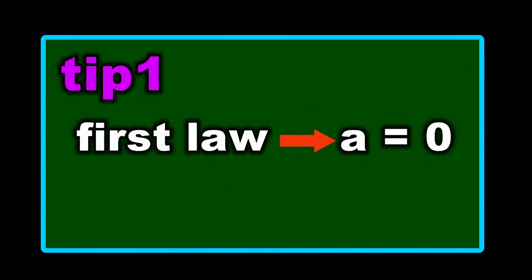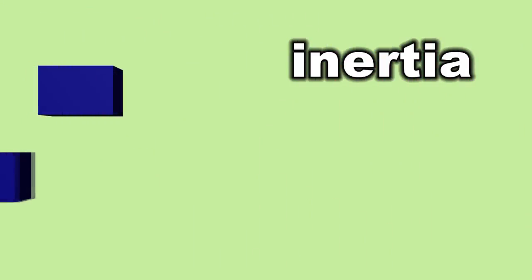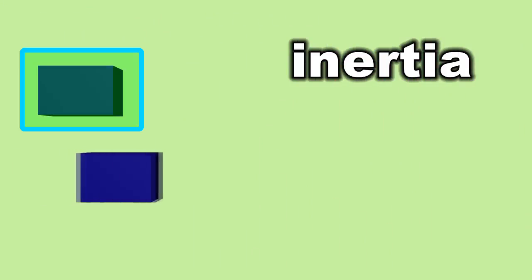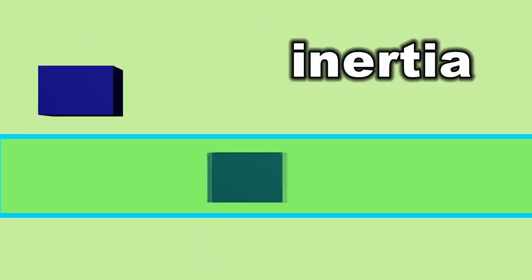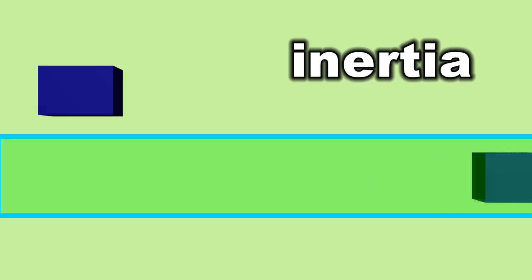Tip 1. If the conditions of Newton's first law are met, the motion of the body is without acceleration. Tip 2. The tendency of objects to stay at rest, or move on a straight line at a constant speed, is called inertia. For this reason, Newton's first law is also called the law of inertia.